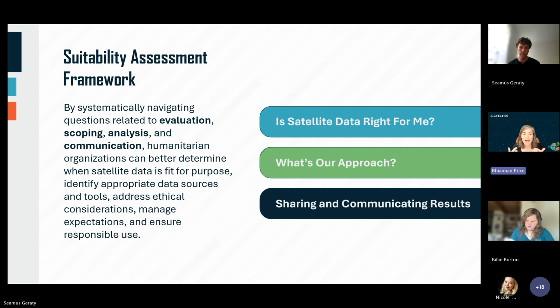And if so, how do you go about unlocking the value for your organization and the communities that you're trying to serve in the here and now? So what we try to do is offer up the most relevant questions for you to consider at each phase along the way.